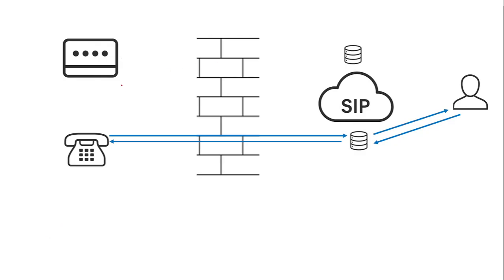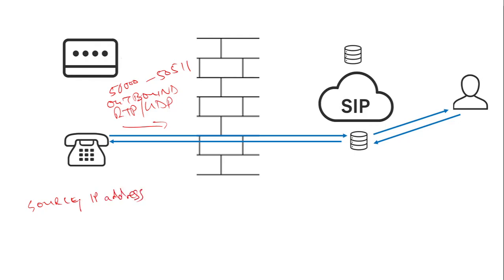And it's also going to be one-way audio. So what should happen is that the firewall should be able to allow outbound RTP, which is UDP, ports 50,000 up to 50,511 from the LAN source. The IP addresses, all IP addresses of the telephone IP phones.